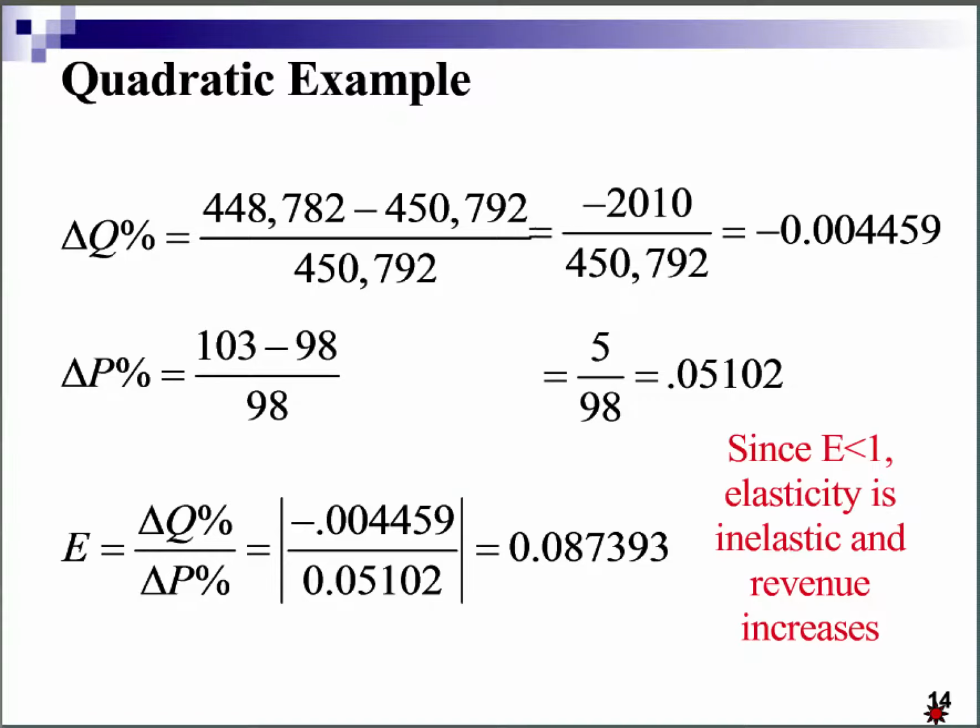That's a pretty low elasticity value. It's much smaller than 1, and so elasticity here is inelastic. In other words, the quantity in demand is not very sensitive to price increases, and because of that, a price increase that's described in this situation should result in our total revenue going up.